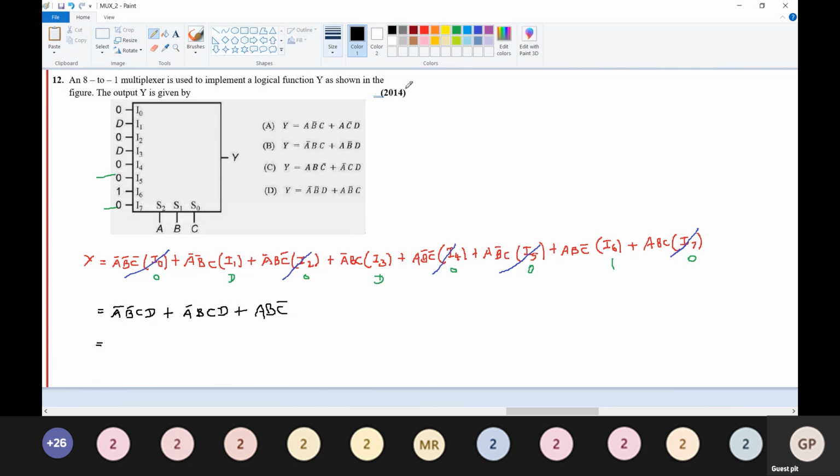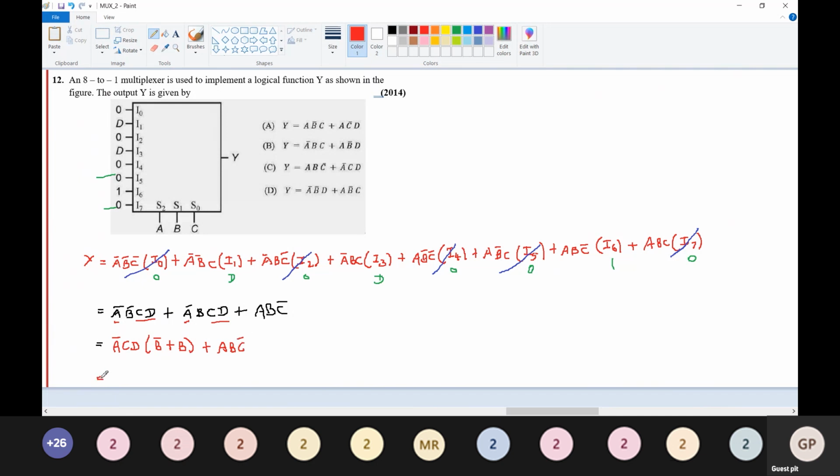Now A dash C D, here also A dash C D. So take A dash C D common, which leaves B dash here and B here, plus A B C dash.